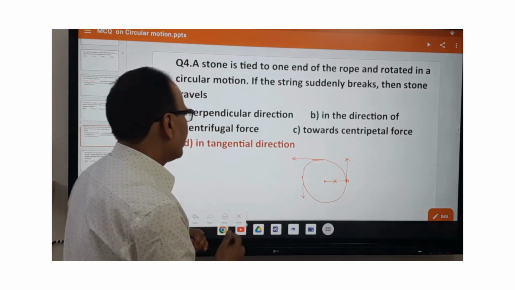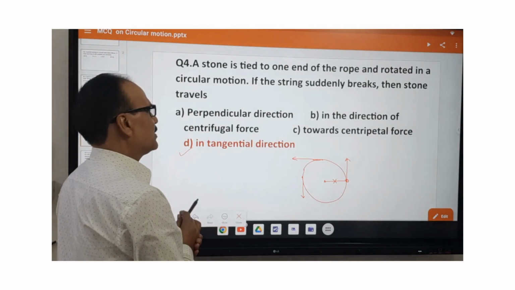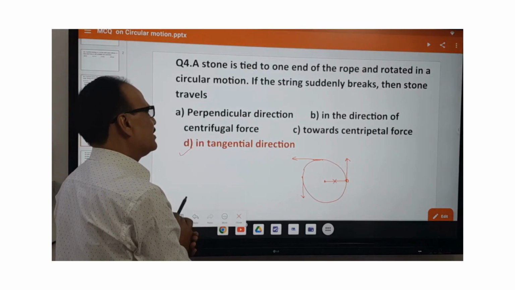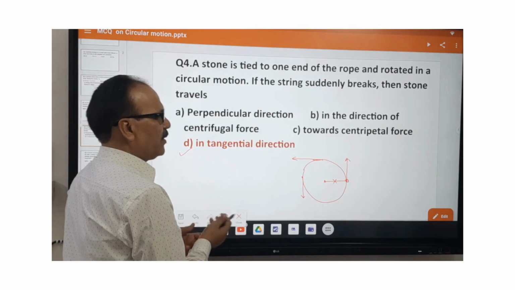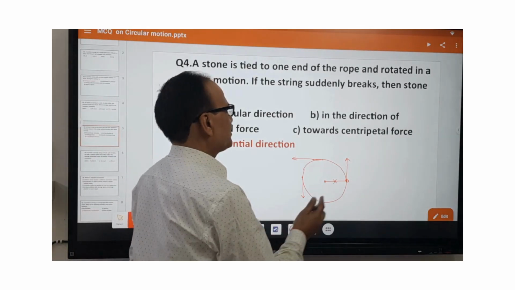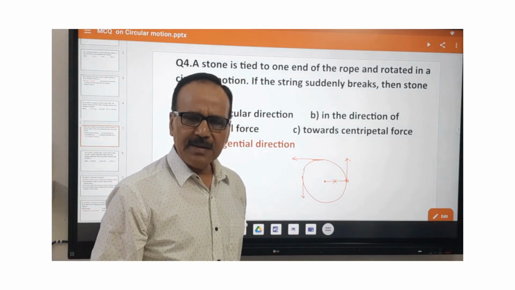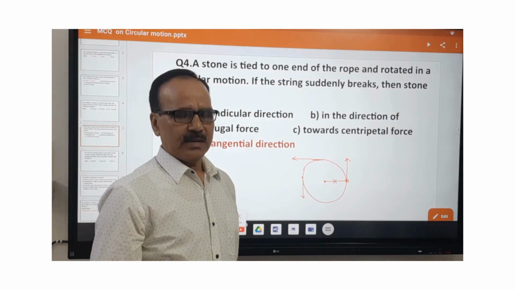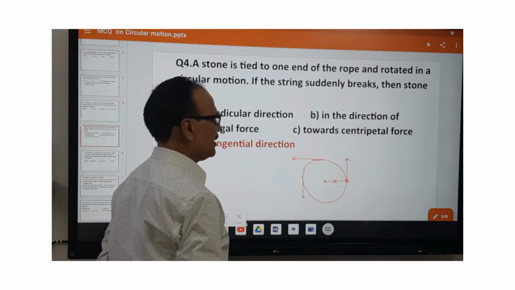Therefore, option D is correct. What about the other options? In the first option, it is given perpendicular direction. Perpendicular direction, but the option is not very clear. Perpendicular to what? It is not given. So this option cannot be taken as correct.